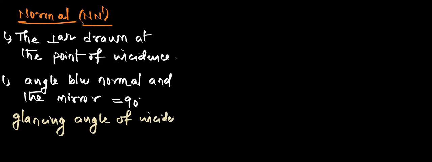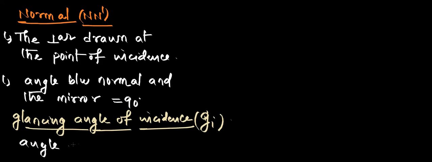If you say angle made by the incident ray, then you have to say with the reflecting surface. If you say angle between, then "and" is fine: angle between incident ray IR and the mirror, that means the reflecting surface.